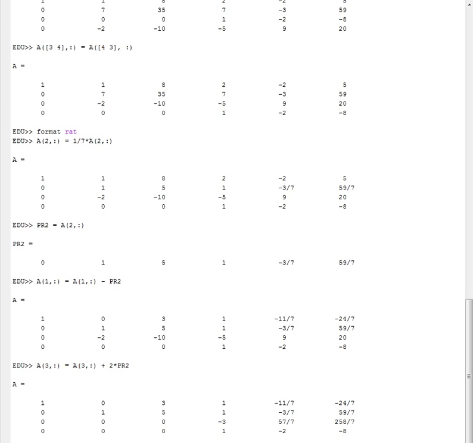And so we had finished column 2. We're moving on to look for a pivot in column 3. So we've used the first row, the second row, we're going to ignore those. And we have to look in the third and fourth row for a pivot.